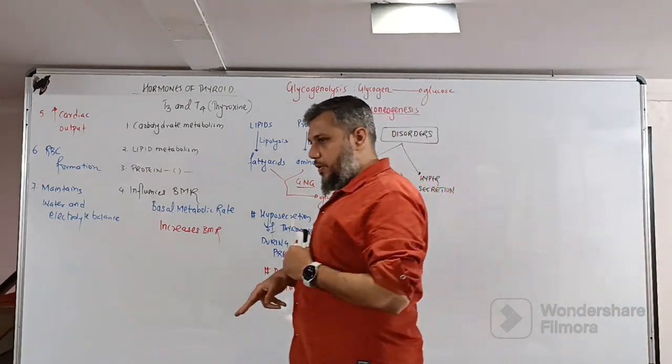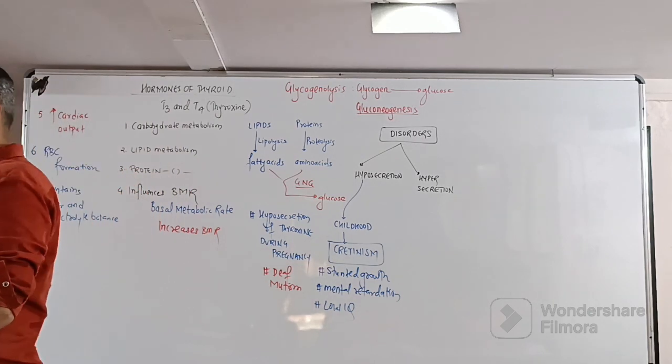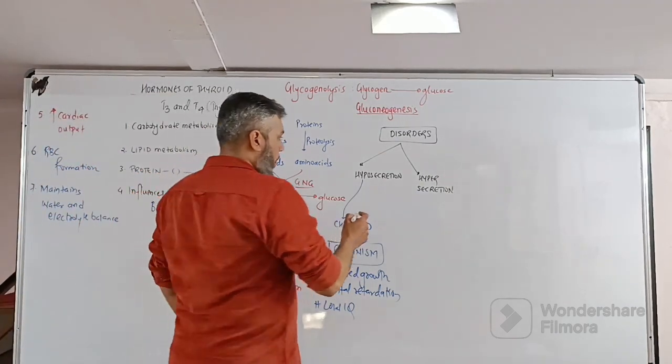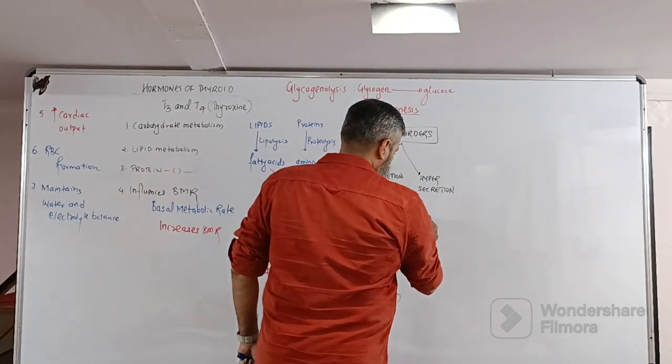So that is what happens when there is hyposecretion of thyroxine during childhood. What is the name of the disorder I just mentioned? Cretinism. What if there is hyposecretion during adulthood?